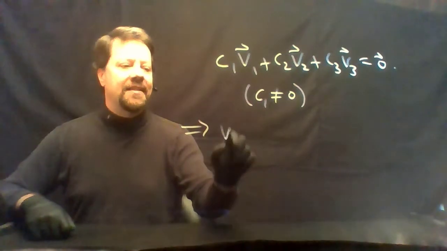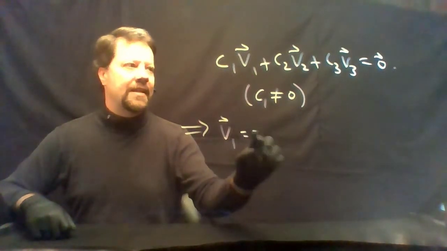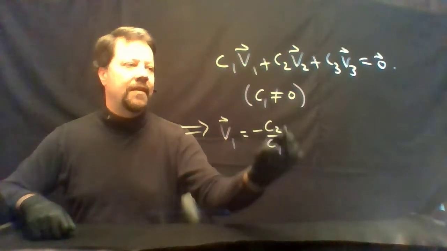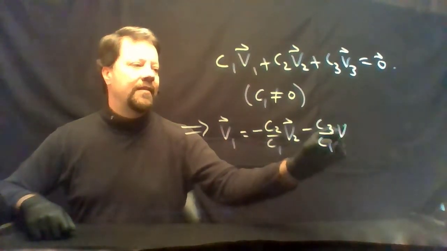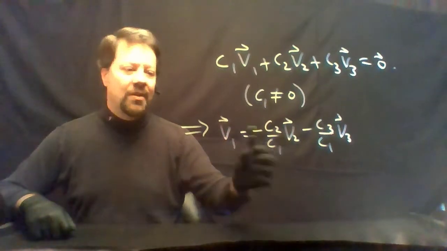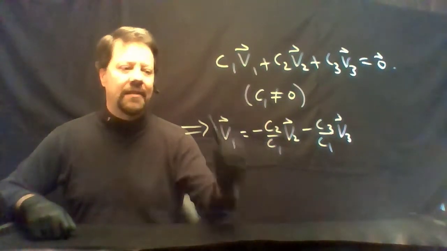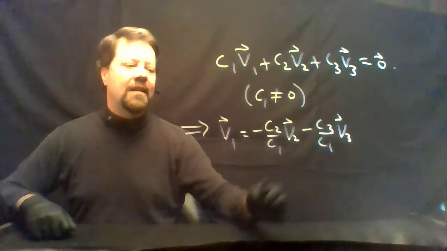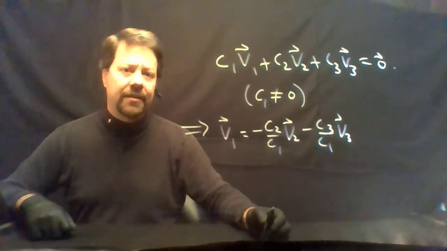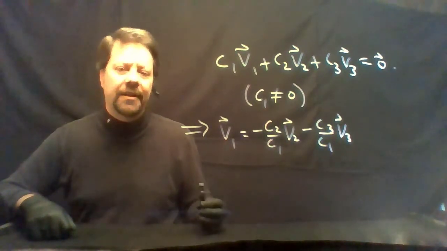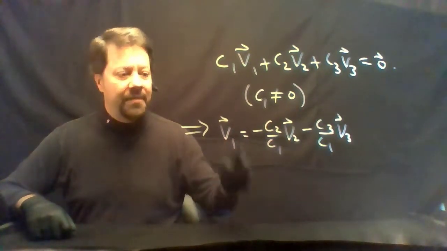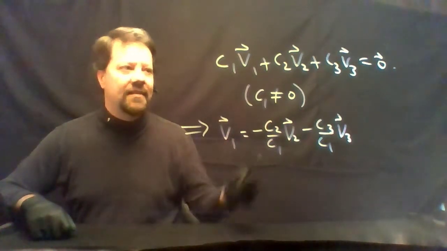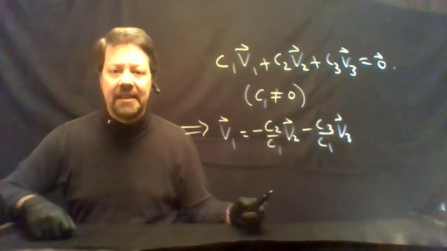That implies that v1 can be expressed as minus c2 over c1 v2 minus c3 over c1 v3. In other words, we can construct v1 by a linear combination of the other two vectors. So all the information encoded in v1 is already encoded in these other two vectors. We don't really need this one. The set is linearly dependent.